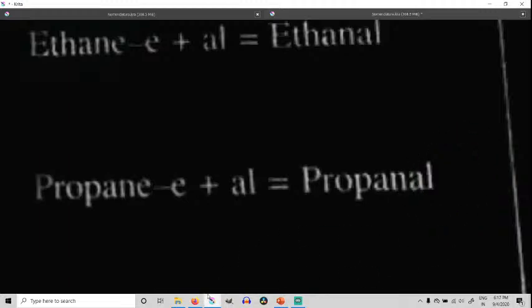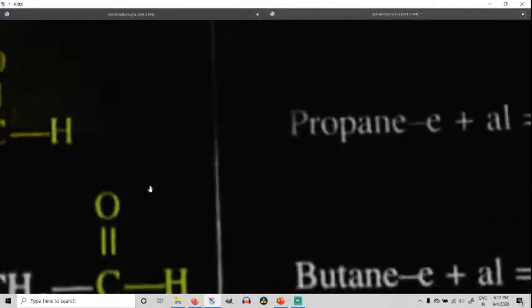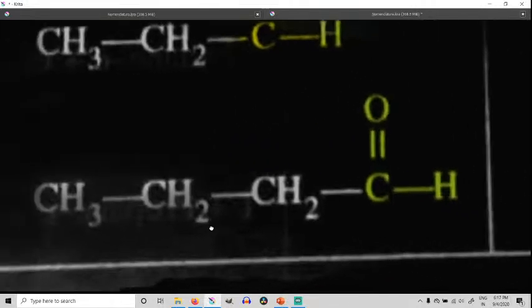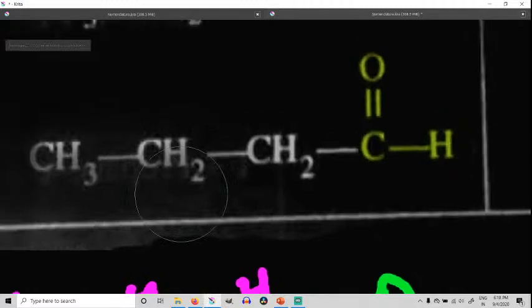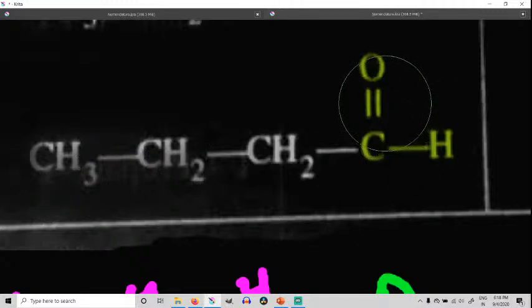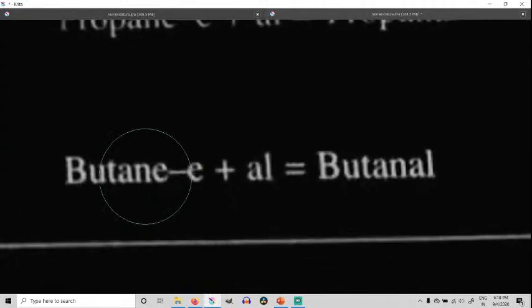Understood? Likewise, the last example: if I say that there are 4 carbon atoms, we can see there are 4 carbon atoms, 1, 2, 3, 4. So what will be the IUPAC name? Four carbon atoms is but plus an plus al. So butanal will be the correct answer. We always have to remove the e from here.